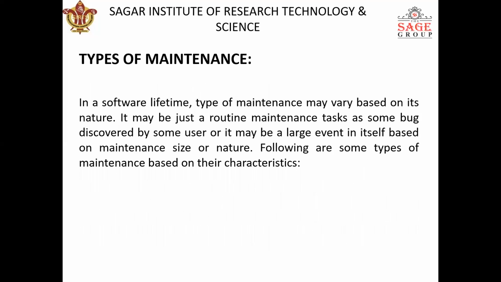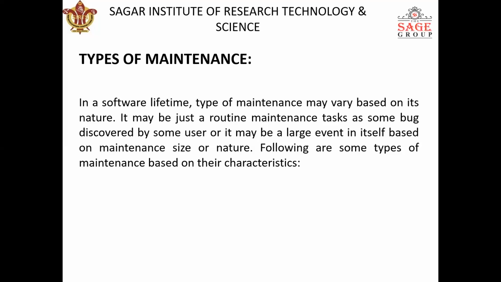Now what are the types of maintenance? In a software lifetime, type of maintenance may vary based on its nature. It may be just a routine maintenance task as some bugs discovered by some user, or it may be a large event in itself based on maintenance size or nature.